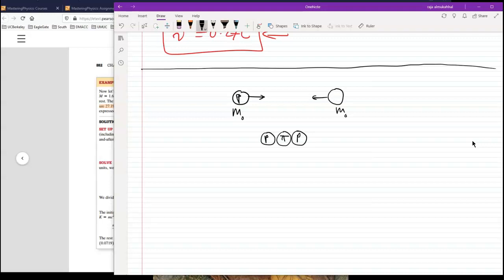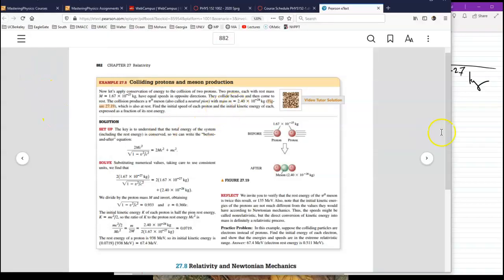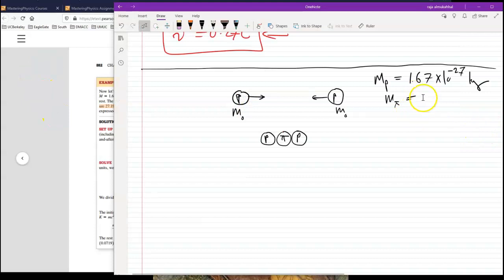He gives me that the rest mass of the proton is 1.67 times 10 to the negative 27 kilogram, and the mass of the pi meson is equal to 2.4 times 10 to the negative 28 kilogram.